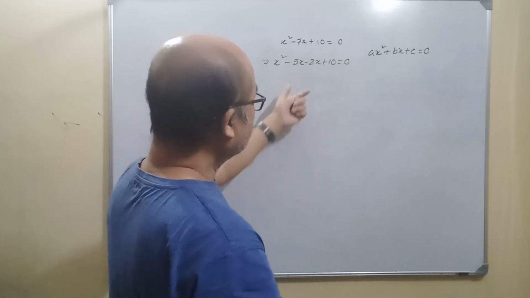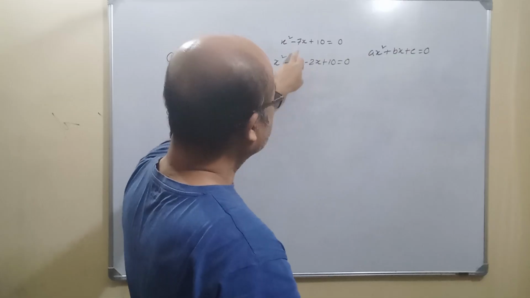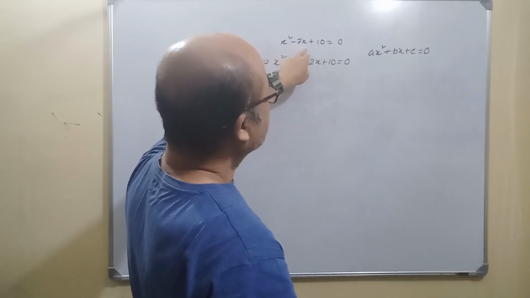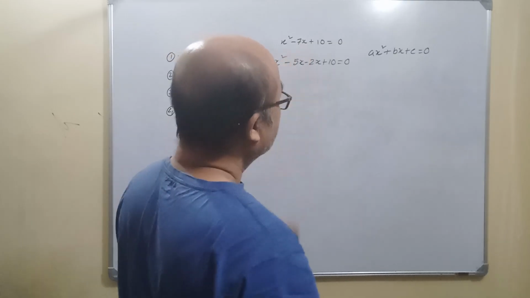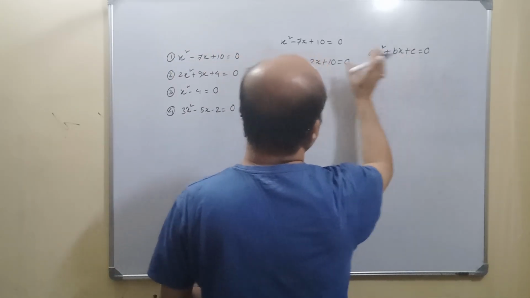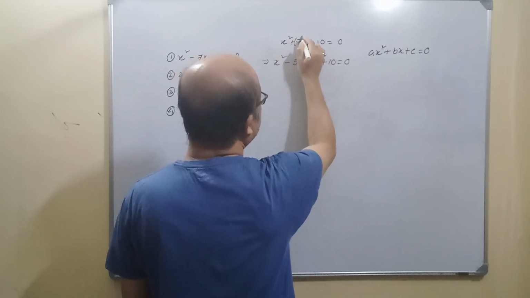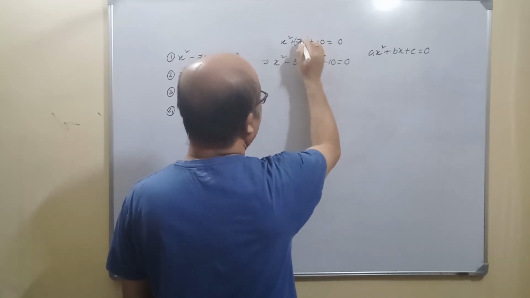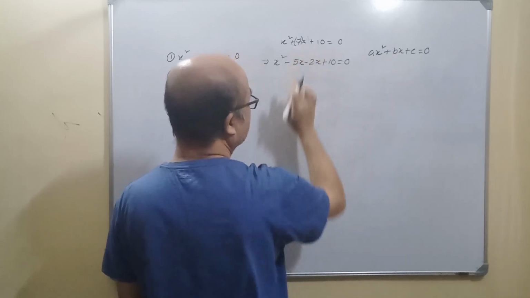Now notice one thing. This is very important. Just look at the sign before the coefficient of x. The standard format is x square plus bx plus c. So actually it is plus minus 7x, minus 7x. So b is equal to minus 7.